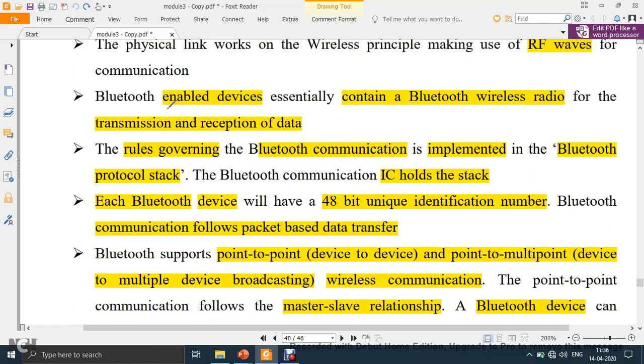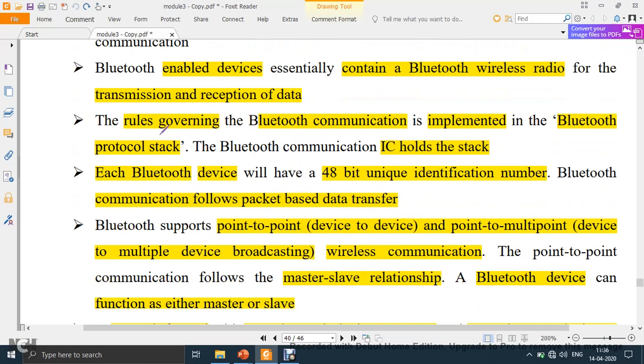So every Bluetooth enabled device contains a Bluetooth wireless radio. What do you mean by radio? It is nothing but an antenna. Okay, so there should be an antenna. Every Bluetooth device will have an antenna which supports 2.4 gigahertz, right, for transmission and reception of data. So the rules governing the Bluetooth communication are implemented by the Bluetooth protocol stack.